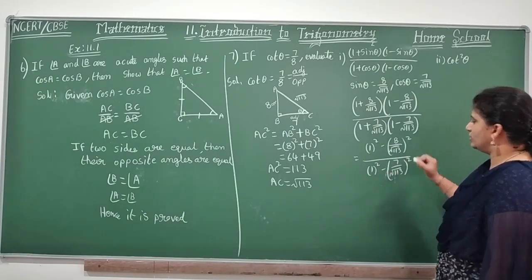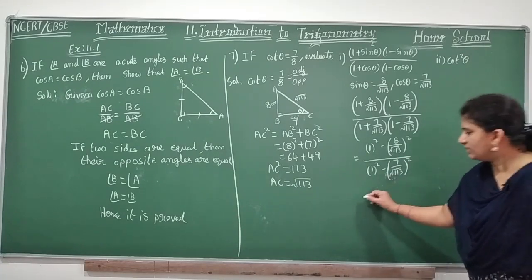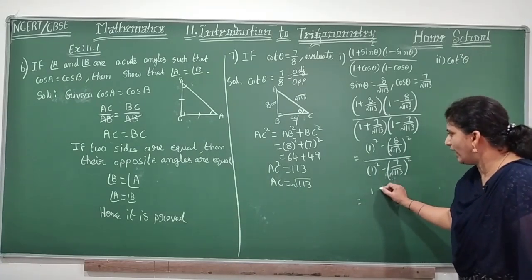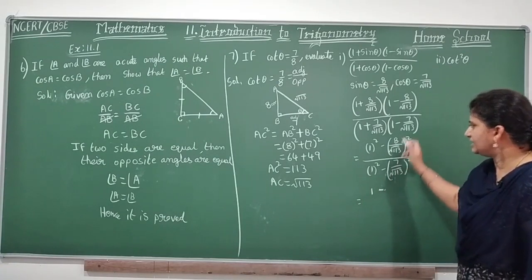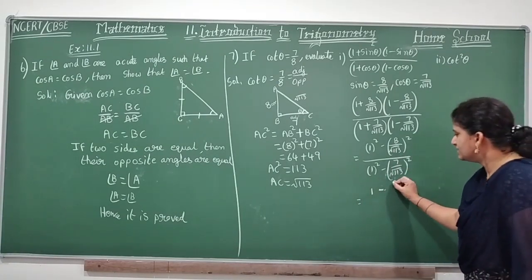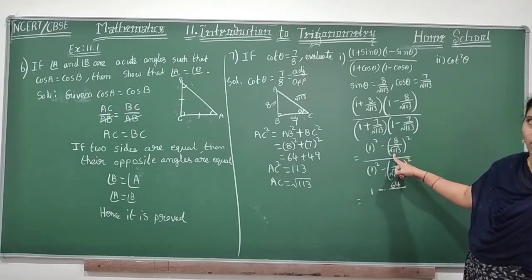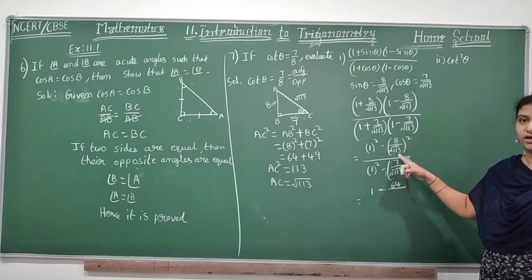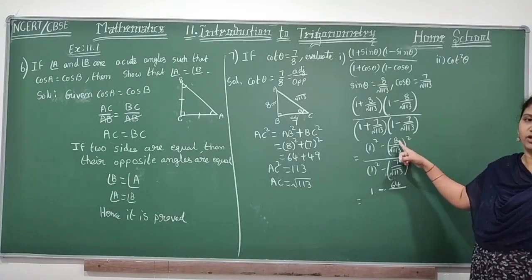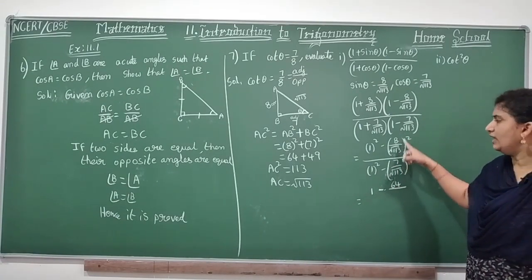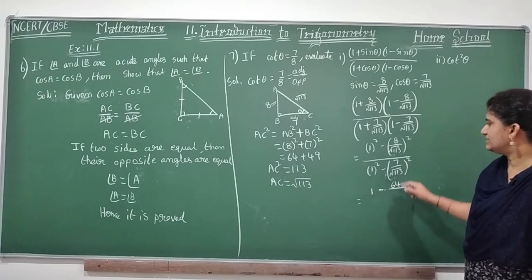8 by square root of 113 whole square, divided by 1 square minus 7 by square root of 113 whole square. This will be 1 minus, 8 8s are how much? It will be 64, and square root of 113 whole square. Remember that the square should be applied to both the numerator and the denominator. 8 8s are 64.